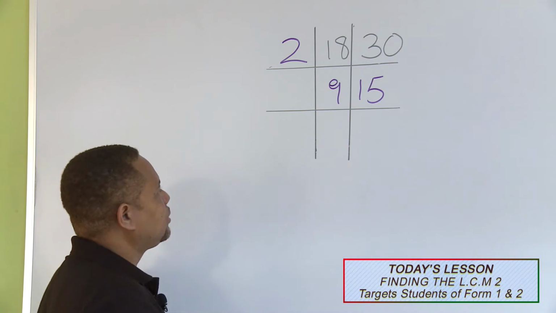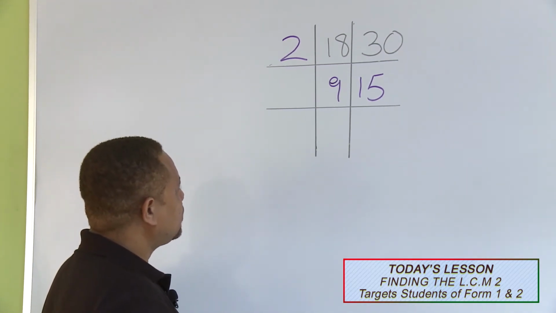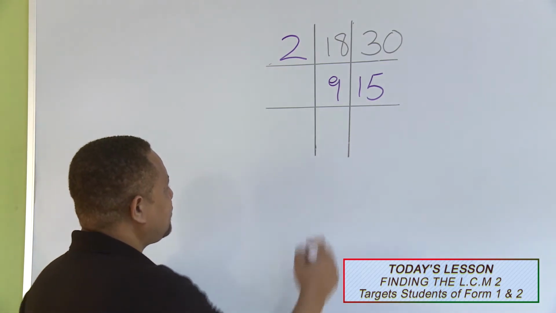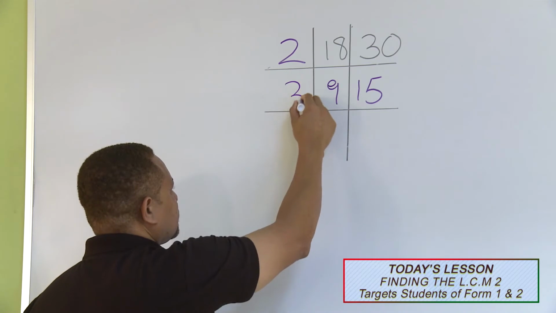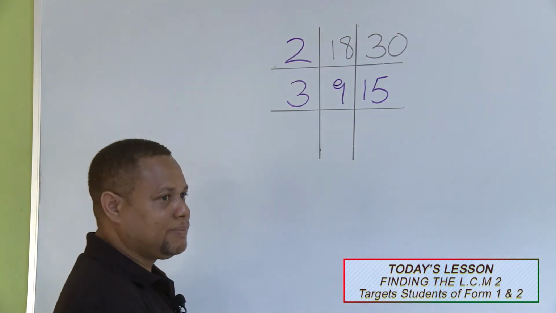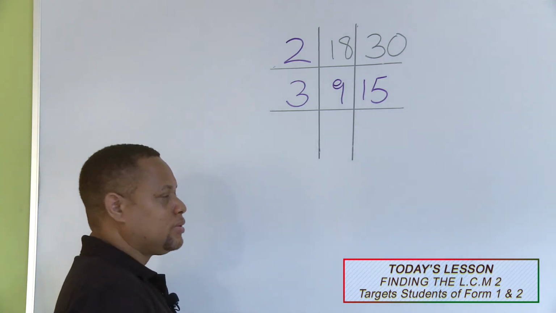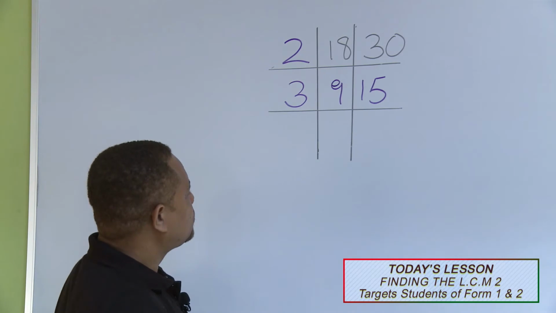So let's proceed. We now look for another factor. The other lowest factor that can go into 9 and 15 is 3. So for our next step, we already found the factor, which is 3.